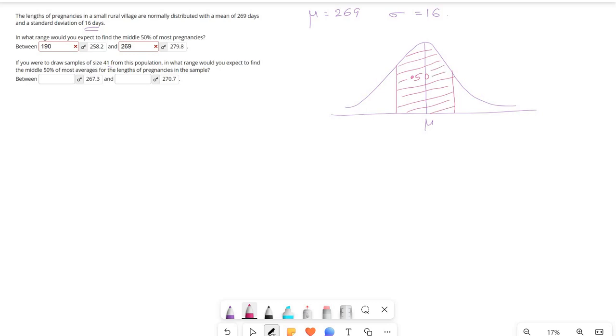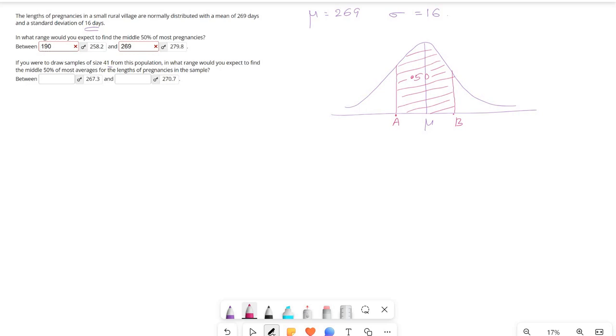We want to find the values at the two ends, suppose A and B, and that will be the answer.